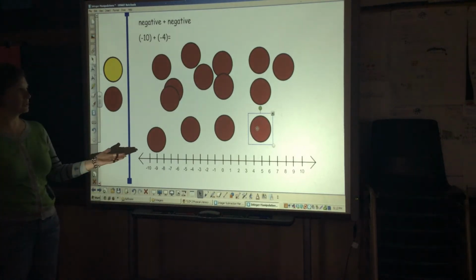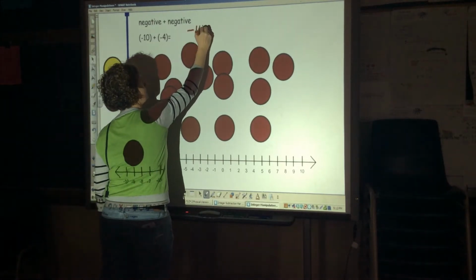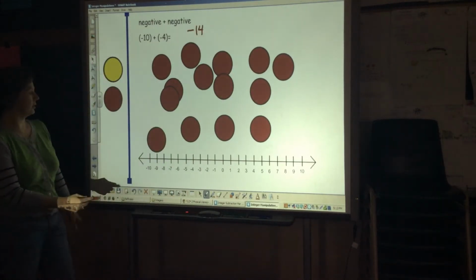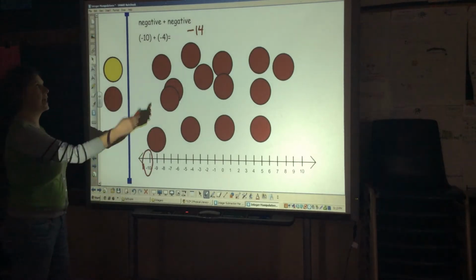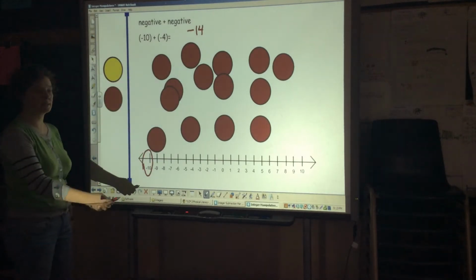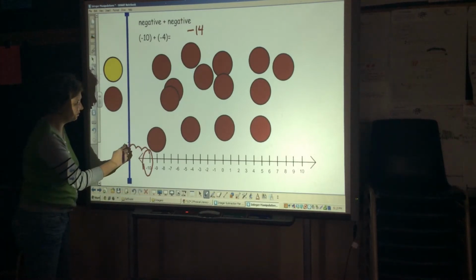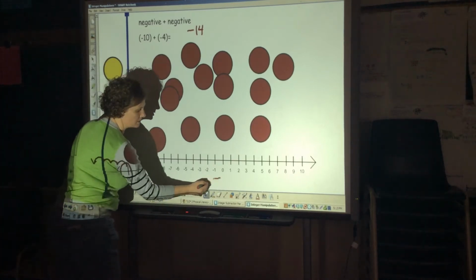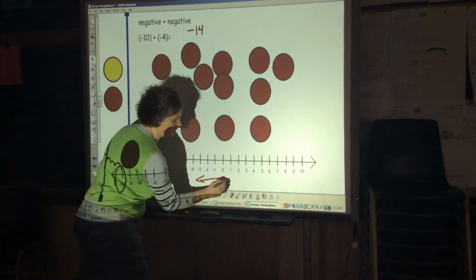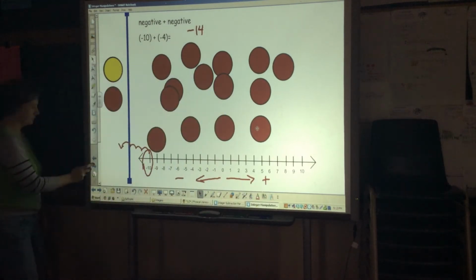So my answer, therefore, is going to be negative 14. And if we do that on the number line, I have negative 10. And if I need to add negative 4, that means I need to go 4 units, 1, 2, 3, 4, in the negative direction. Remember, this is going in the negative direction. That one is going in the positive direction.